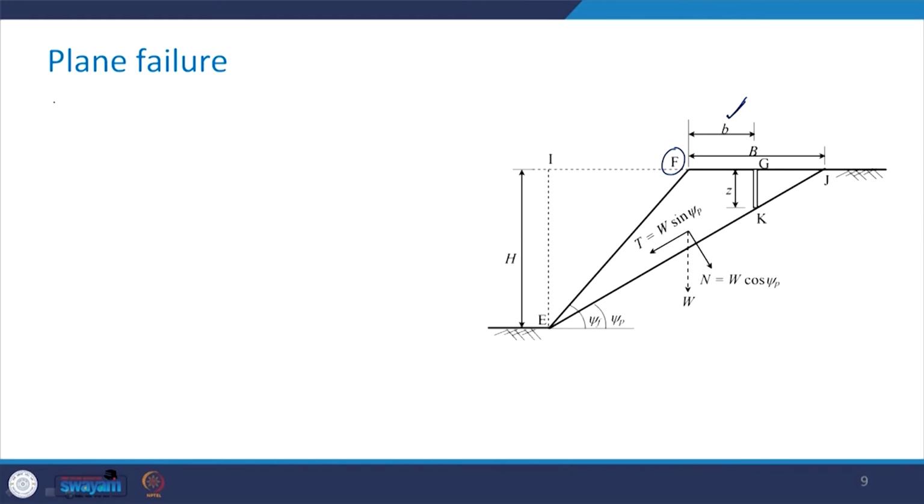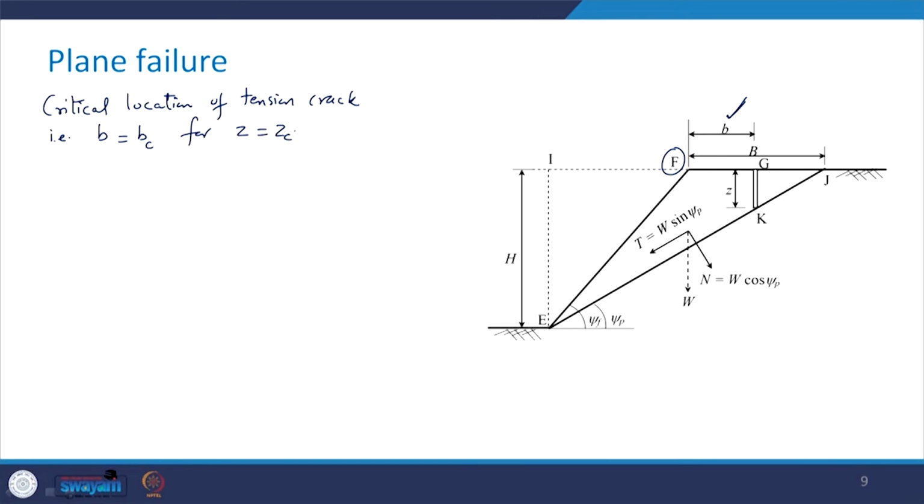So if we want to find out the critical location of the tension crack, that is our b will become equal to bc for z equal to zc.